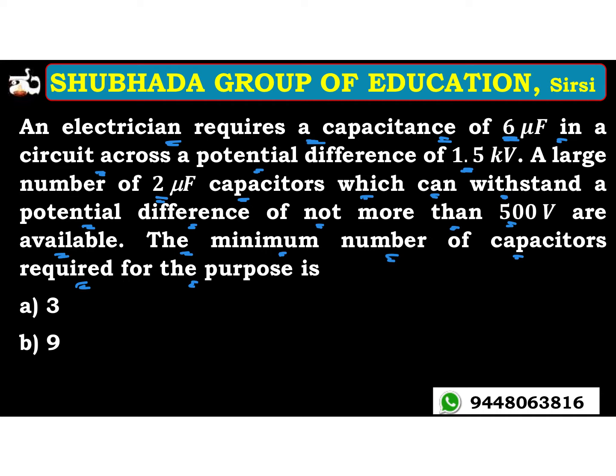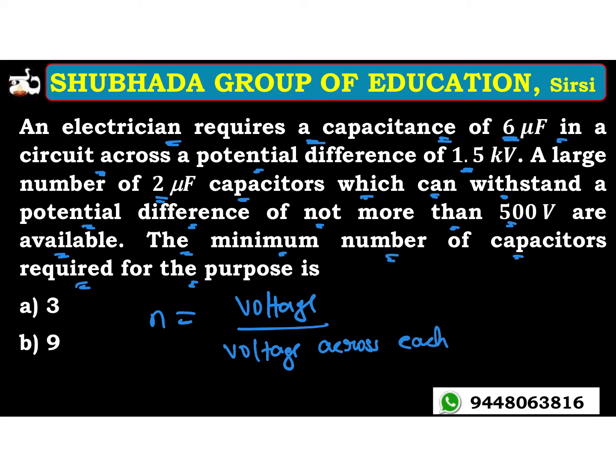Now I can take the number of capacitors required in a row. Let me take it as N, which is equal to the voltage divided by the voltage across each and every capacitor.